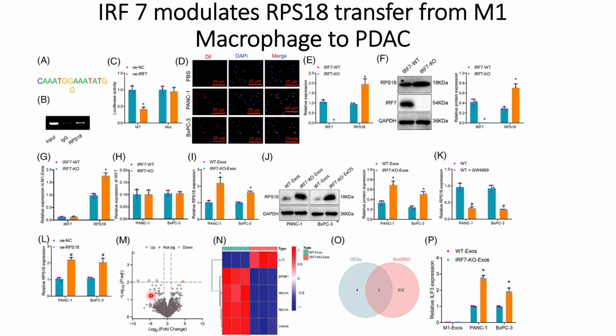So in this case they use two kinds of cells to plot in this volcano plot. One has high overexpression of this RPS18 and one does not have high expression of RPS18. That is the cell system from panel L, and they can find that 5 genes are dysregulated. 1, 2, 3, 4, 5. 4 are downregulated and 1 is upregulated.